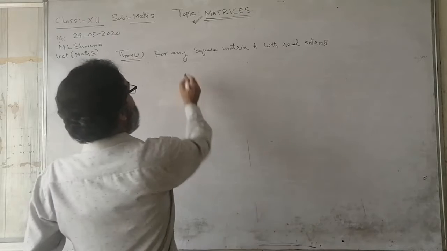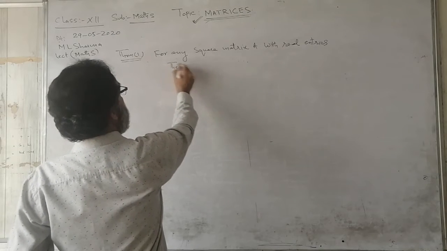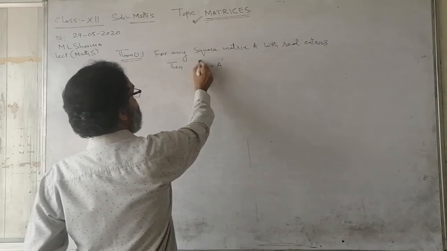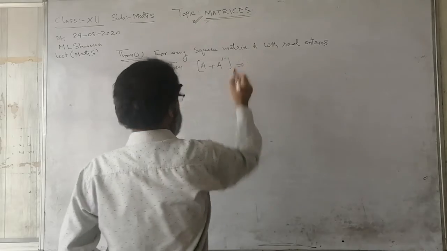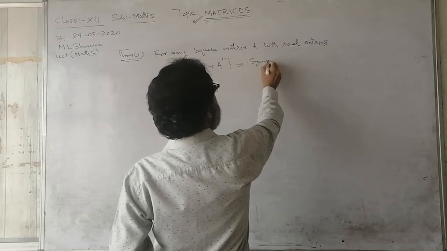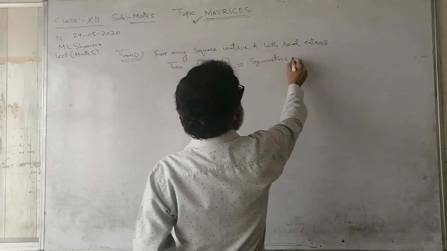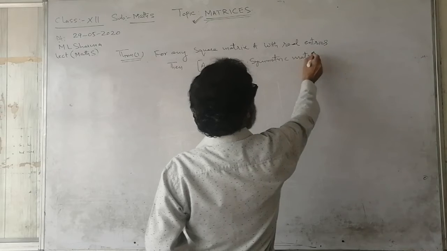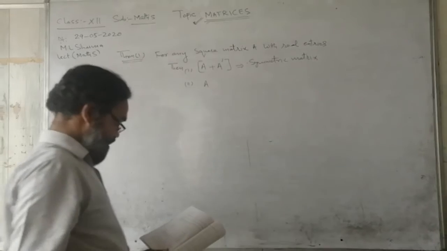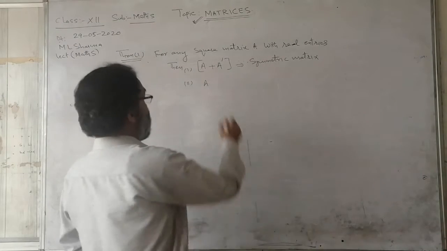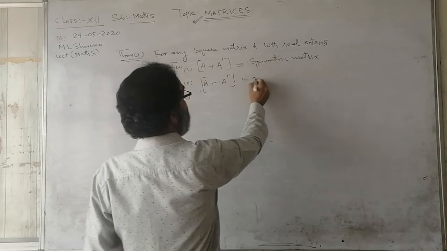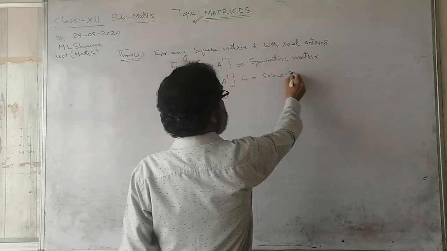Then this theorem says A plus A transpose, this matrix, will be a symmetric matrix. And its second part says A minus A transpose is skew symmetric.